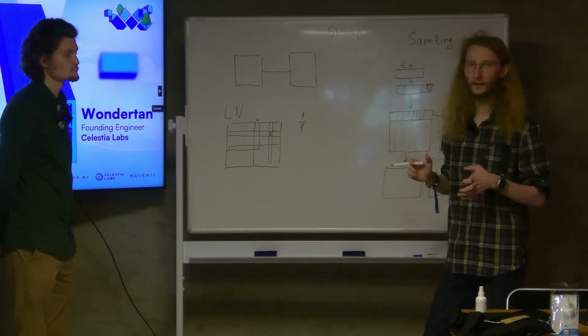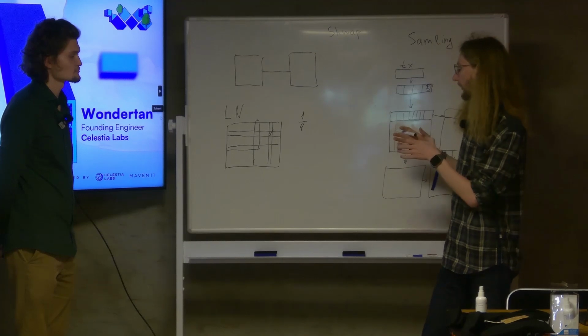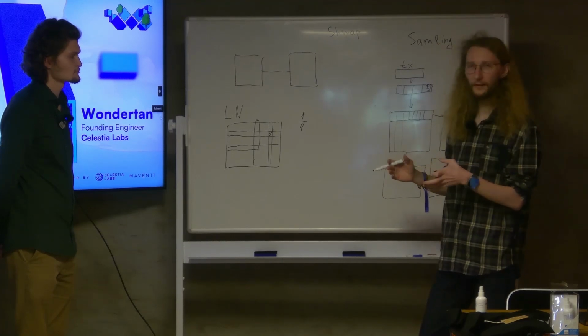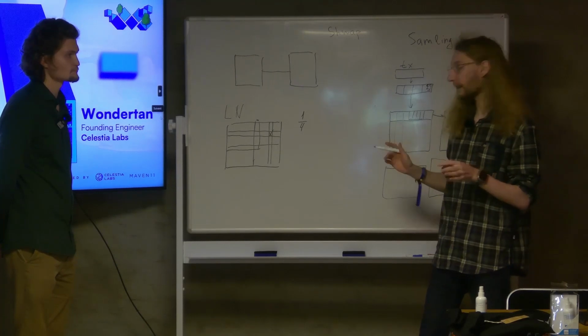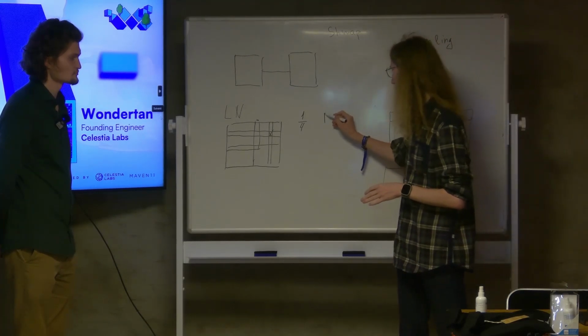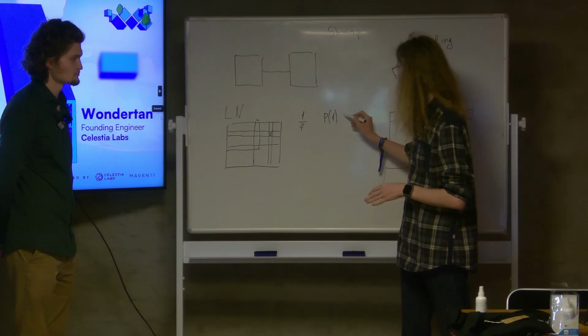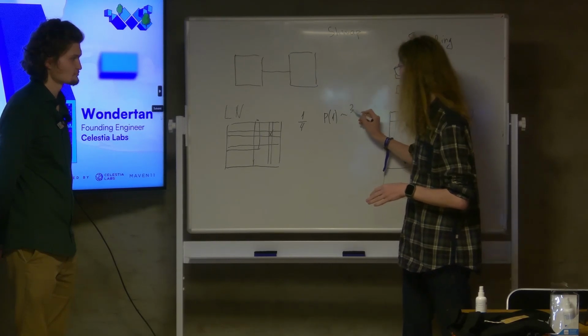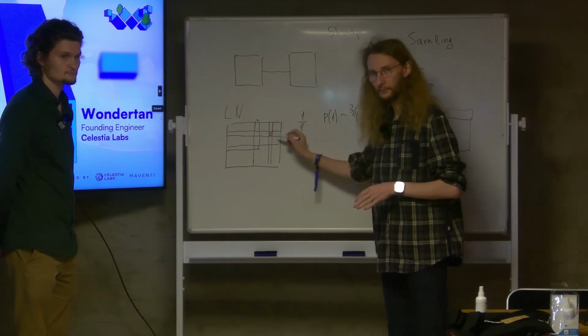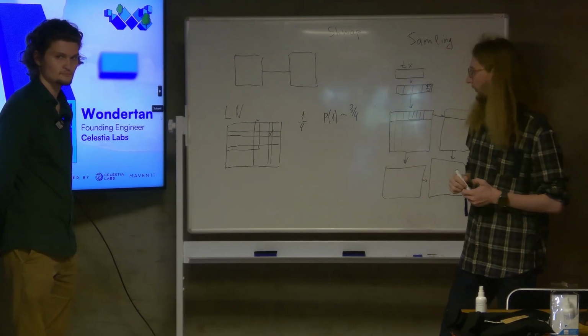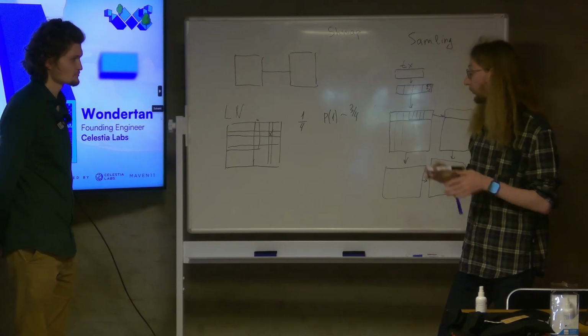So in the case of data being unavailable, a light node with one single random sample will be unlucky, failing to detect it, with a probability of about 3/4. It's a little bit less than that, because the hidden square needs to be a little more than 1/4.